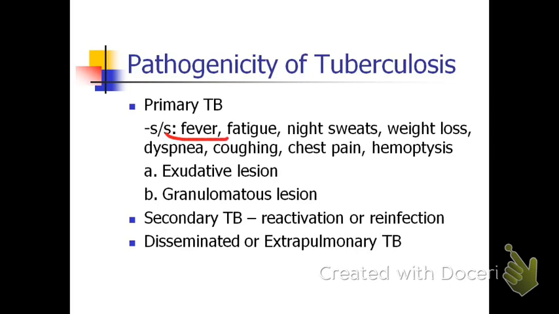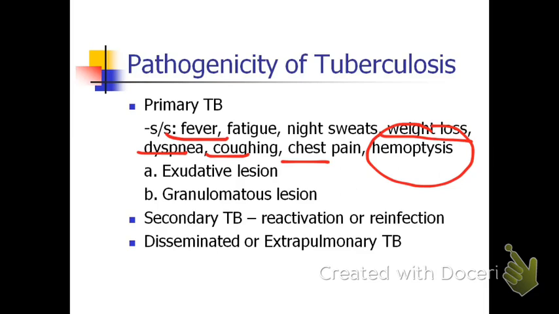Fatigue, you're weak, there would be night sweats, progressive weight loss, dyspnea, coughing, chest pain, and of course, one of the cinematic signs. Because most of the time, whenever people in the television or in the movies would portray someone with tuberculosis, they would always exhibit the sign hemoptysis, which means that there is coughing out of blood.